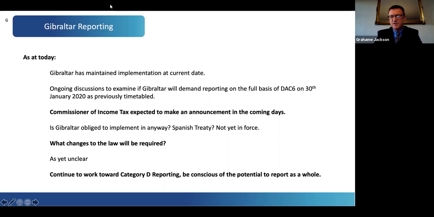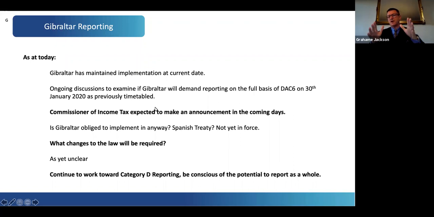So this came as a bit of a surprise, I think, to the profession at least, if not to the authorities. We don't know whether they knew in advance. But the Income Tax Commissioner, who is the relevant authority here in Gibraltar, has obviously paused for thought as a result of this.